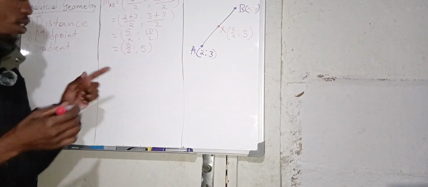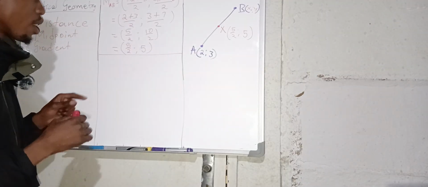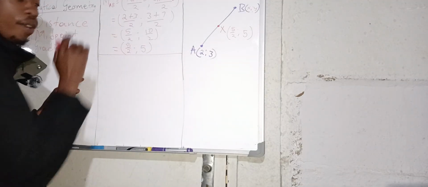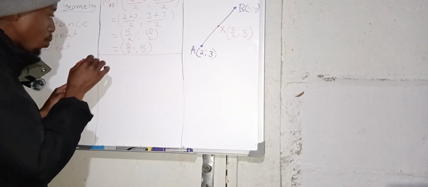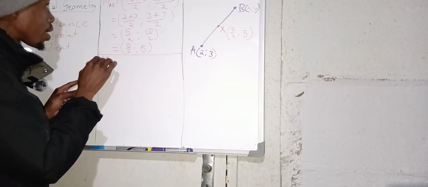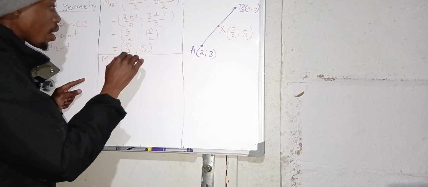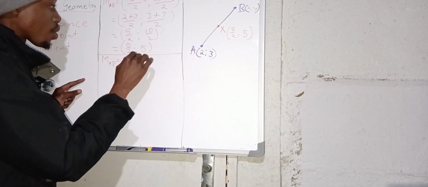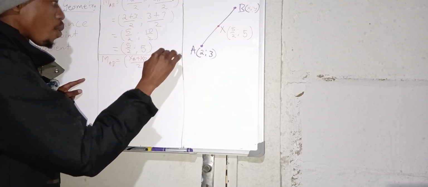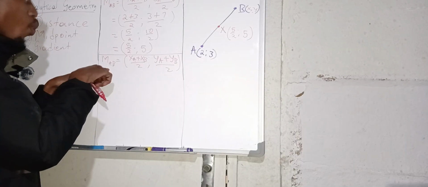In a case of this nature, you have the coordinates of the midpoint of AB. You write the formula as I wrote it here: midpoint of AB is going to be (XA plus XB) all over 2, (YA plus YB) all over 2. Therefore, here you do have these coordinates.